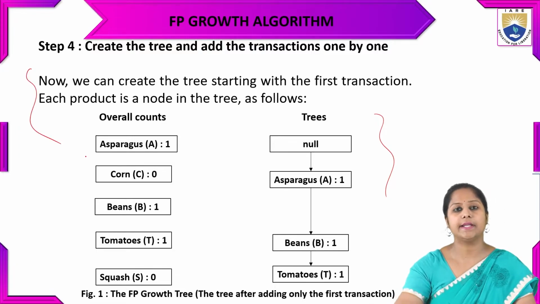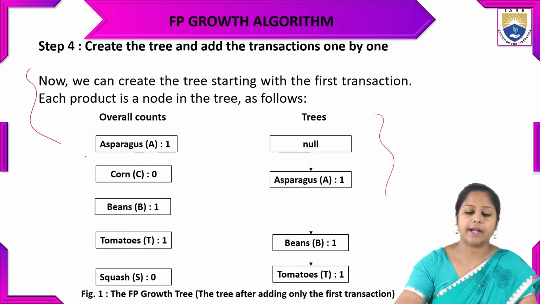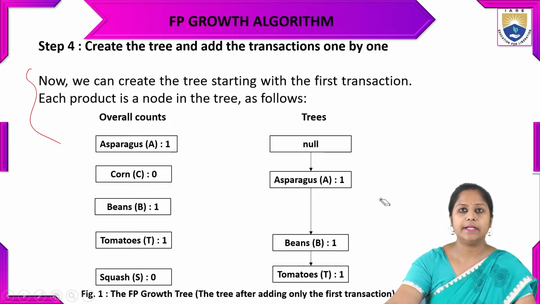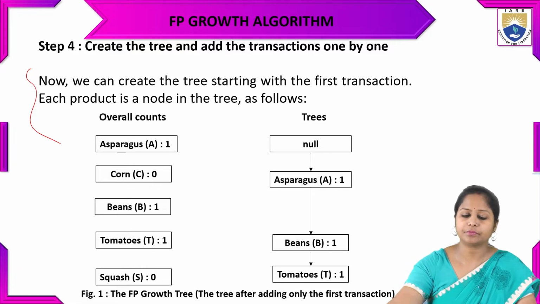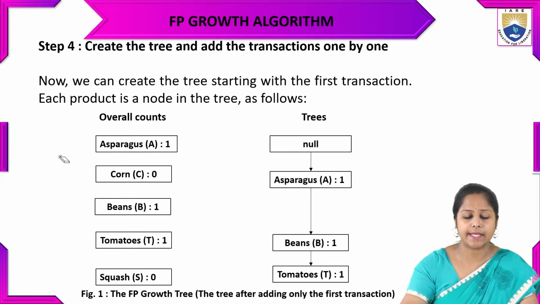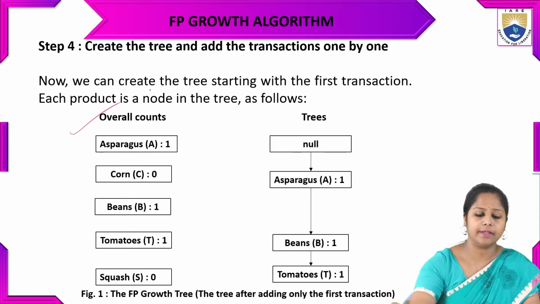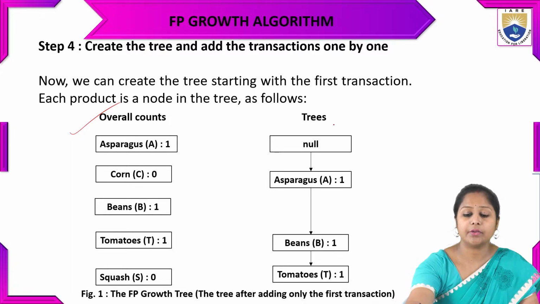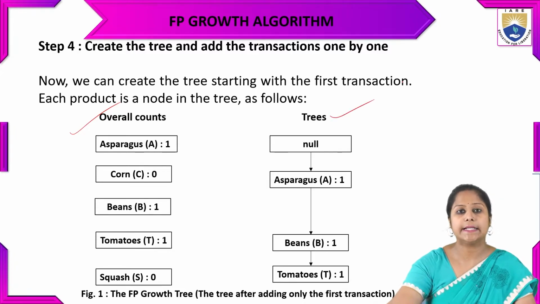So now we can create the tree starting with the first transaction. Each product is a node in the tree. As in figure 1, on the left side, for our understanding, we are counting the overall count for each of the items. On the right side we are going to construct the original tree.